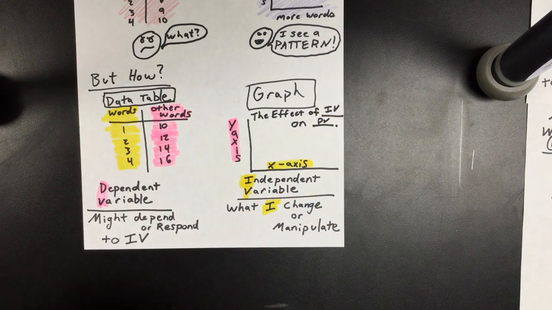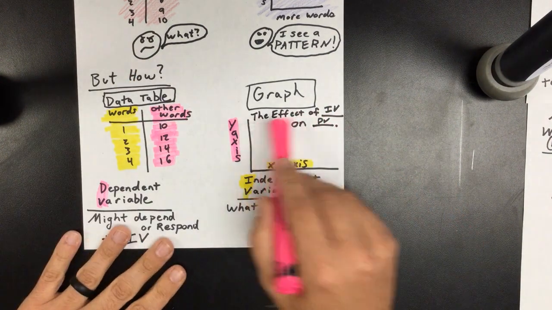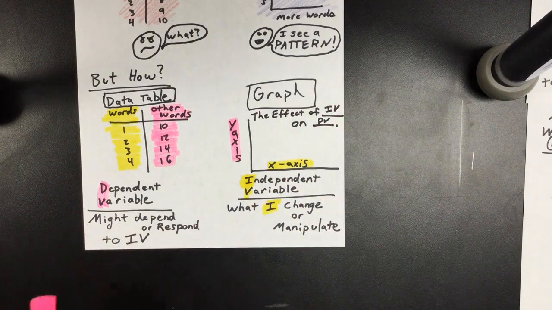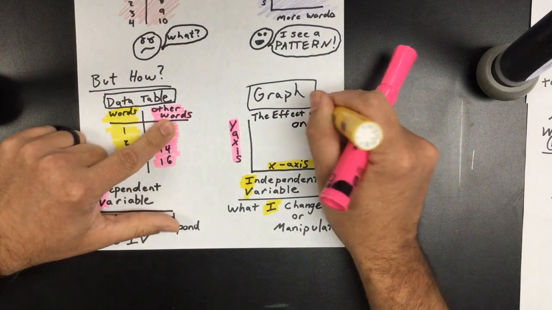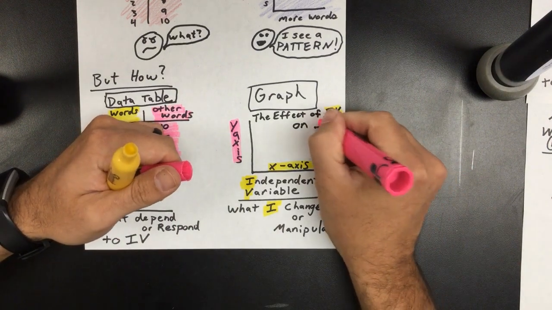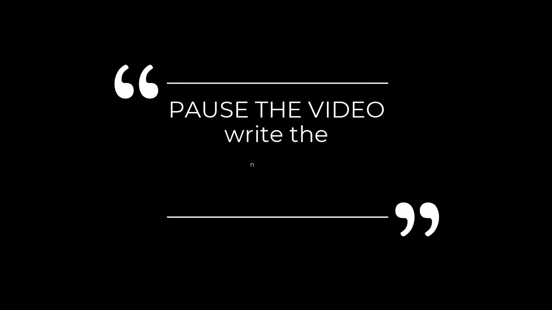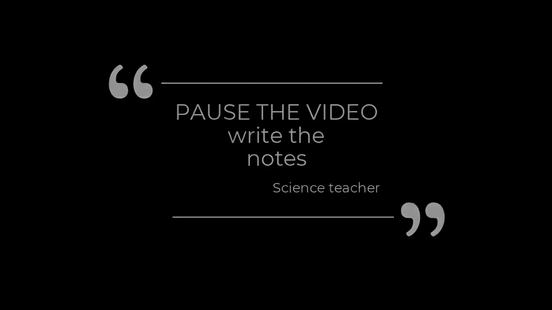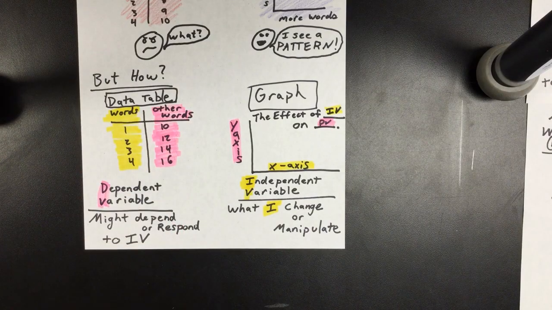So whenever I go to make a graph, I write the effect of, and then I fill in the IV, and then I write on, and then I fill in what the DV says. And that's how I'm going to make my graph.